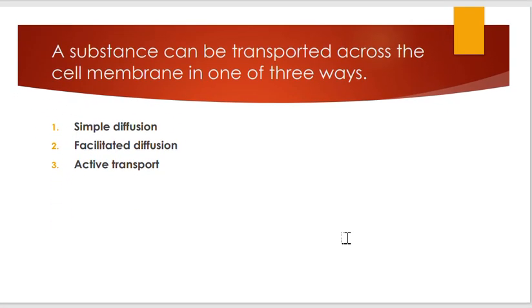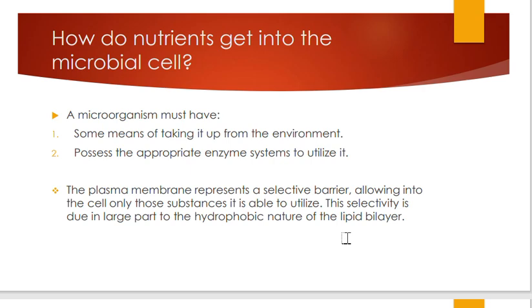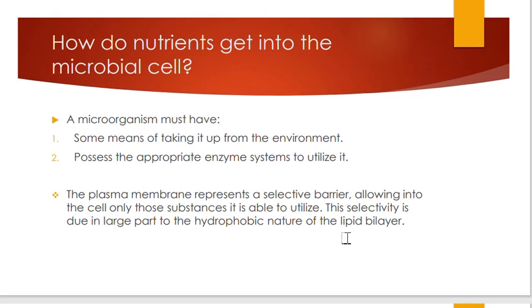So we have discussed how nutrients get into the microbial cell. Again, nutrients get inside the microbial cell through your plasma membrane, which represents a selective barrier.